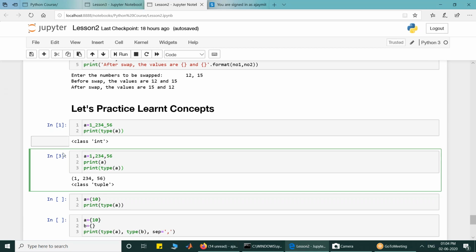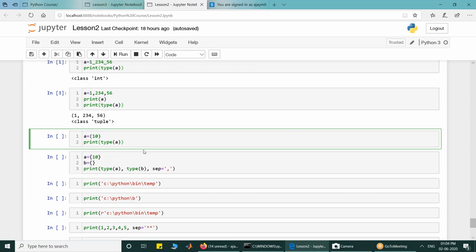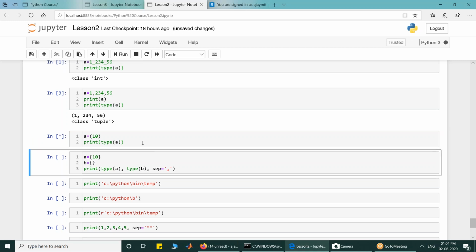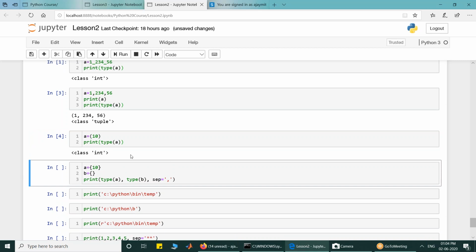Now come to the third and tell me what would be the type of A. If I write A here, what would be the type of A? Yes, if you execute it, it will show you int.